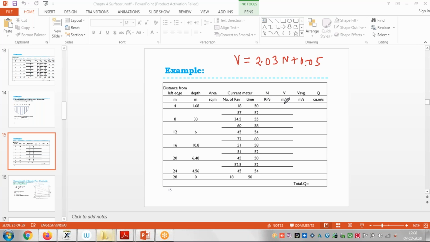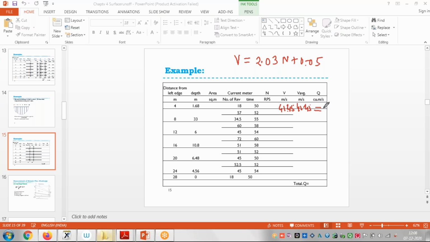So here we got what? How much? 41.45. So put this value 41.45. Now you will take as it is 41.45 here.